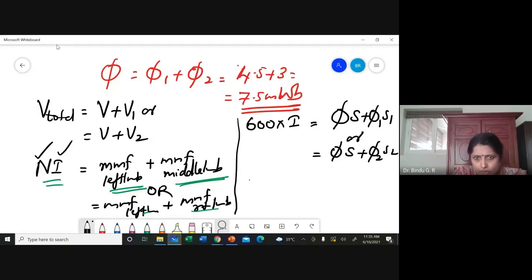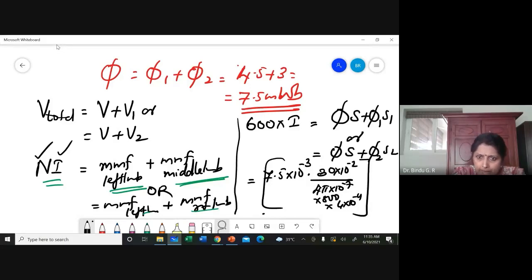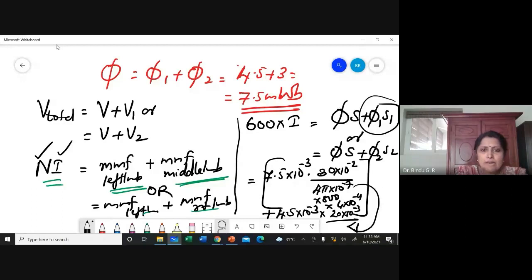That is equal to 7.5 milliweber, 10 raised to minus 3, into S, the distance is 30 into 10 raised to minus 2, by 4 pi into 10 raised to minus 7 into 800 into area of cross section 4 into 10 raised to minus 4, plus, if I am considering Phi1 I got 4.5, isn't it? 4.5 into 10 raised to minus 3 into distance L2, that is 20 into 10 raised to minus 3, by the whole thing.